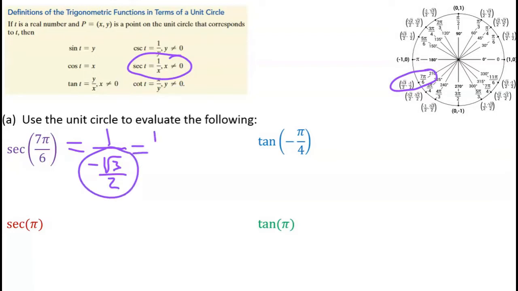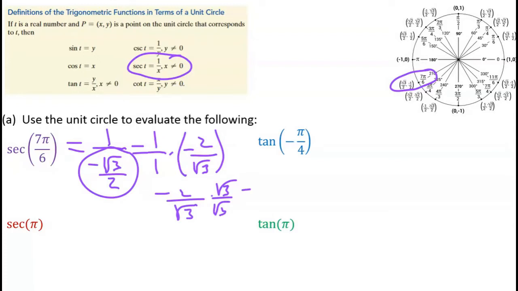So this is equivalent to 1 over 1, if you like, times negative 2 in the numerator now over square root of 3 in the denominator. When I simplify that, that gives me negative 2 over the square root of 3, but I can't leave a square root of 3 in the denominator, so I must rationalize to finally get negative 2 square root of 3 over 3.